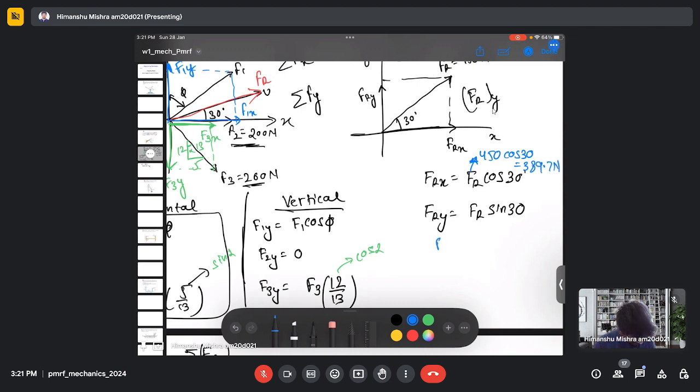And FRY is 450 sine 30, which will give you 225 Newton.